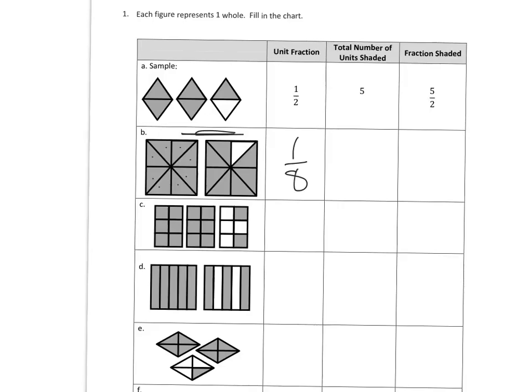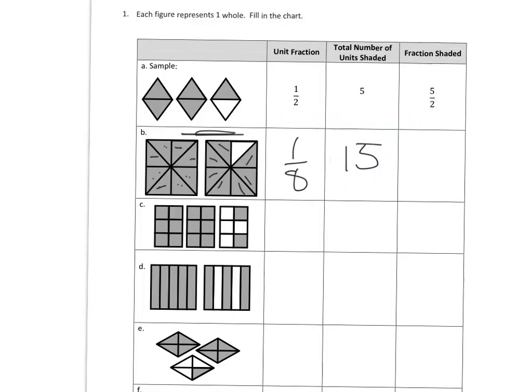Total number of shaded pieces is going to be 1, 2, 3, 4, 5, 6, 7, 8, 9, 10, 11, 12, 13, 14, 15. There's 15 total shaded pieces. And if you look over here, this number 5 came from the shaded pieces, and this 2 came from the unit fraction.